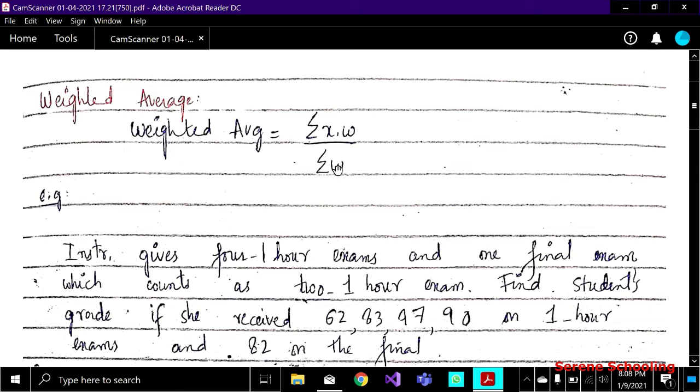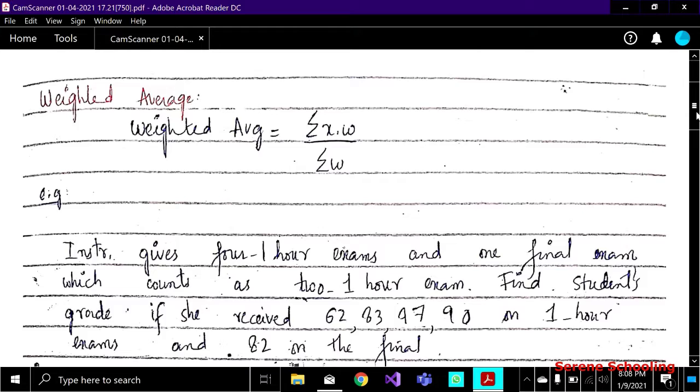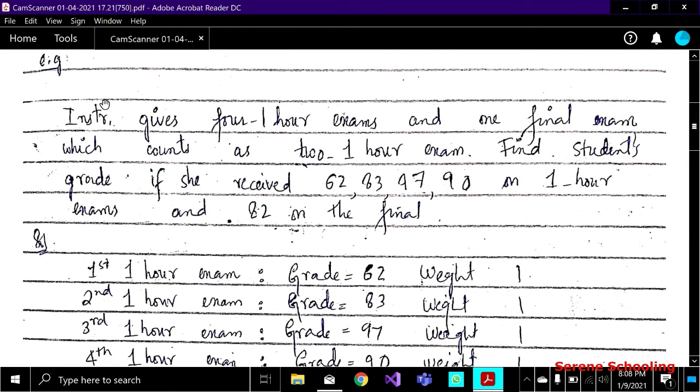In the previous simple arithmetic mean we divided by n, the total number of values, and we didn't multiply with w, but here we multiply with w and divide by the total sum of the weights. Let's see it with an example, though it is very simple.